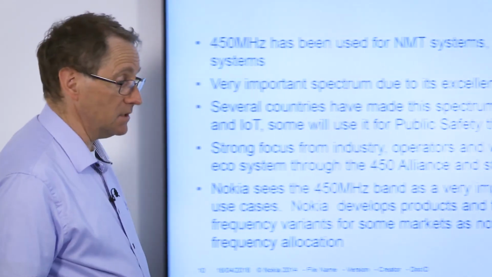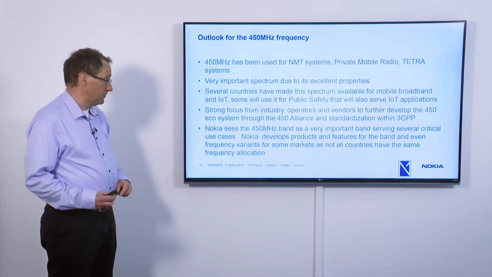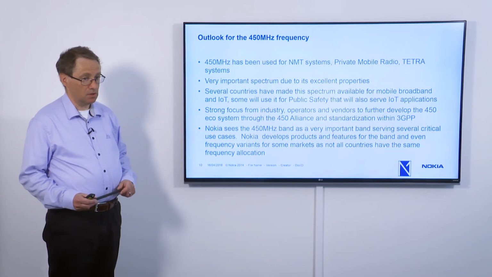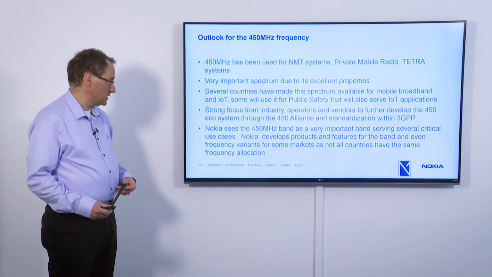When we get it standardized, device vendors will make it, network vendors will make it, and operators will make the 450. For Nokia, we see the 450 MHz as a very important band. It serves several critical use cases.